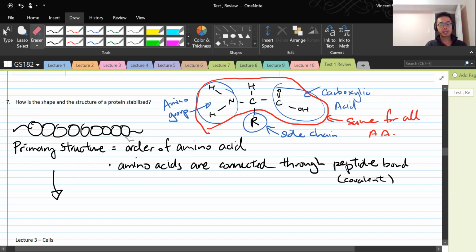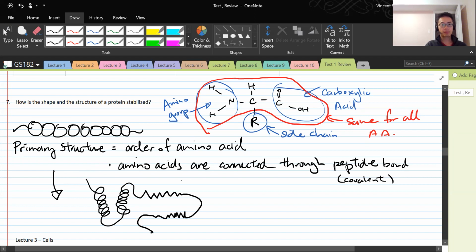After you connect all these amino acids together, each circle being an amino acid, they're going to fold up into alpha helices or beta pleated sheets. So we have the alpha helix here, and then we have the beta pleated sheets.